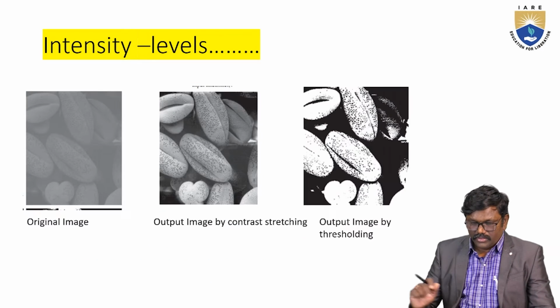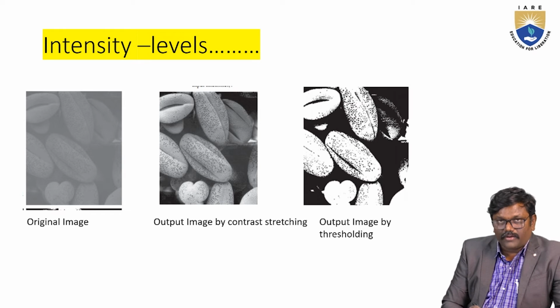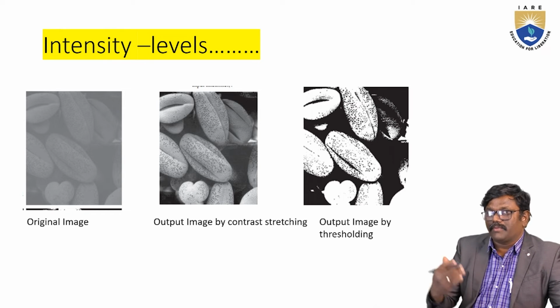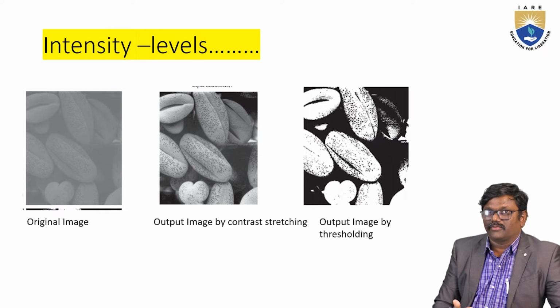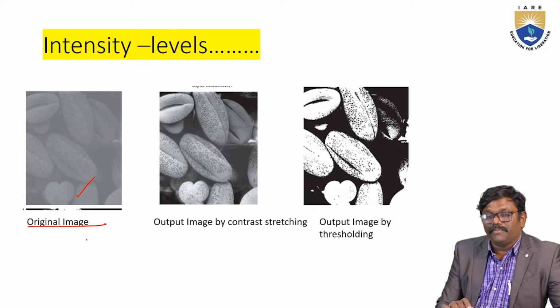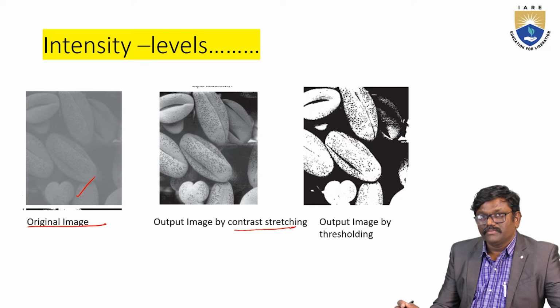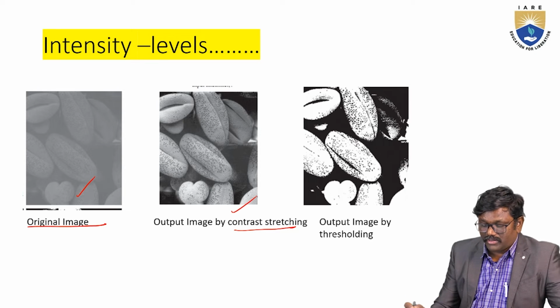You see here, intensity levels, how can we increase? For example, the same image I am taking from the textbook, not from the medical school. Here, the original image is this. By applying my piecewise linear intensity transformation, what did I get? Contrast stretching. By contrast stretching, I got this.